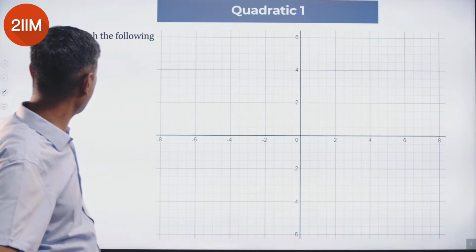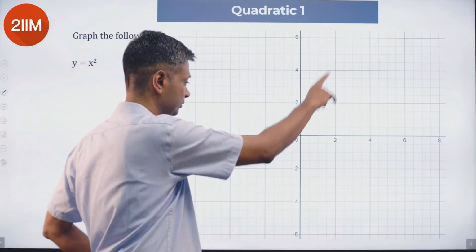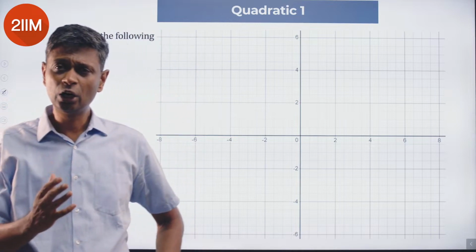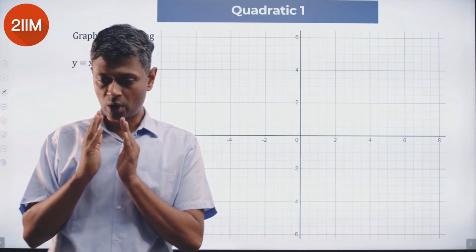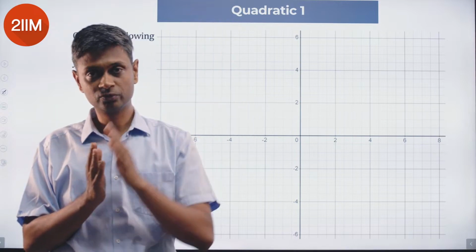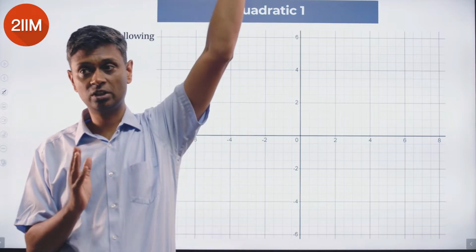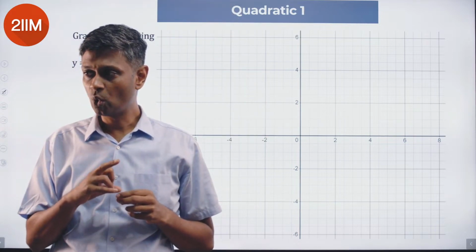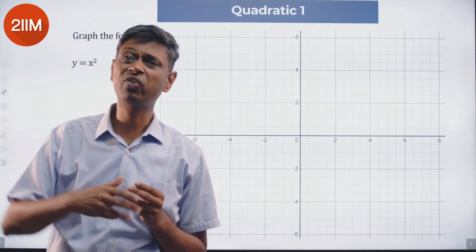Y equal to x square. Y equal to x, we know, is a straight line. Y equal to x square will fly away. X is 1, y is 1. X is 2, y is 4. X is 3, y is 9. X is 4, y is 16. When x increases, y increases, but y doesn't gently increase, it flies.